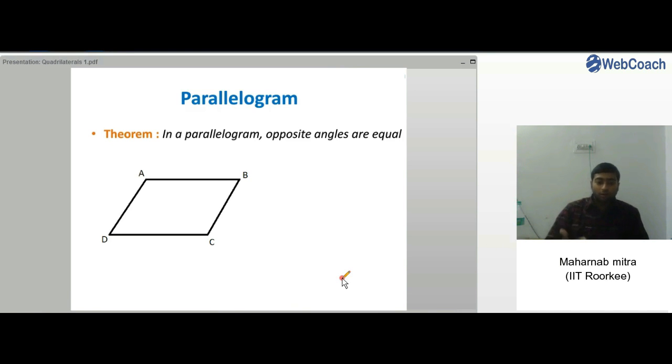In a parallelogram, opposite angles are equal. And how do we prove this? Look, we have proved that opposite sides of a parallelogram are equal. We have proved that the diagonal divides the parallelogram into two equal areas or two congruent triangles.